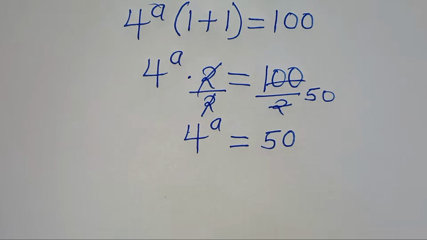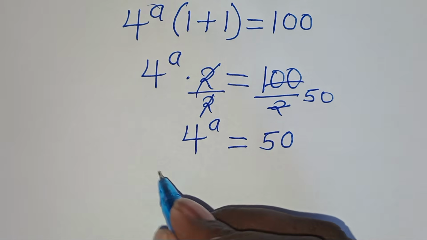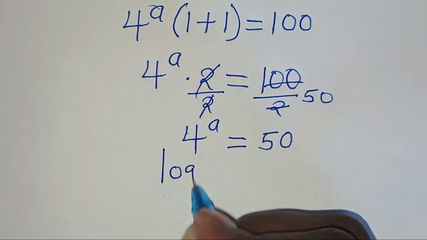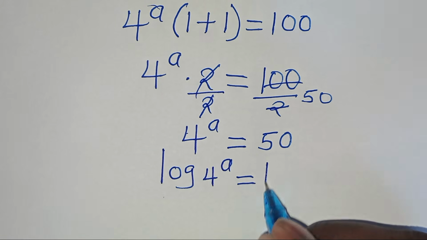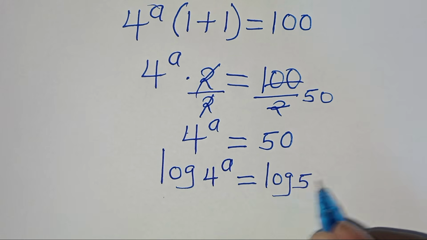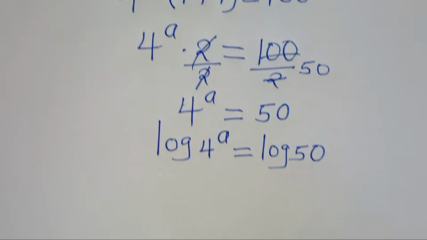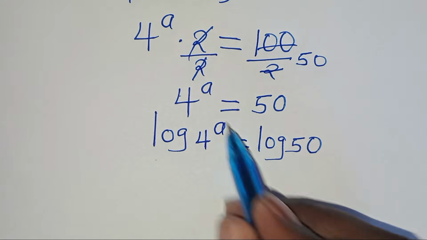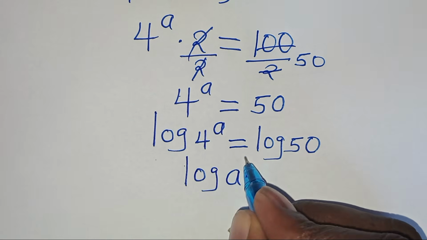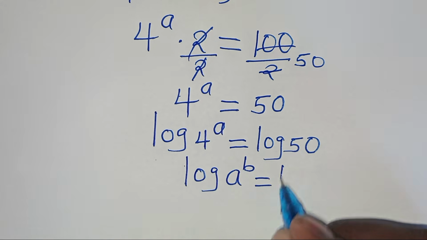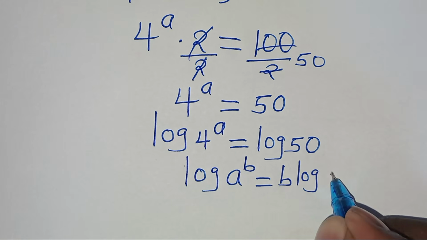To solve for the value of a, let's introduce logarithm on both sides. We have log 4 to the power of a, this is equal to log 50. We have that log 4 to the power of a, this is in the form of log a raised to the power of b, which we can express as b log a.